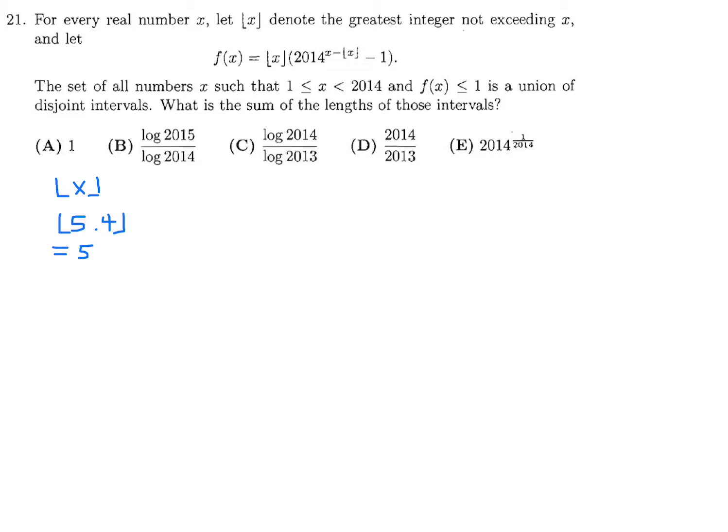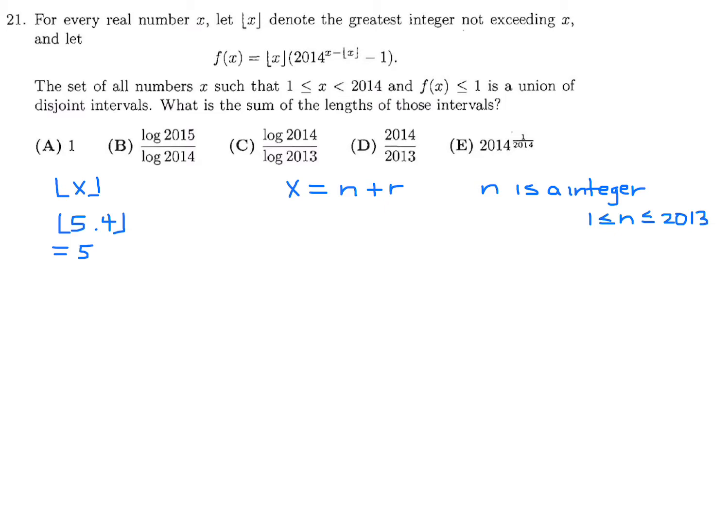So what we are going to do is let x equal some integer with some decimal part. For example, n is an integer, and n is going to be between 1 and 2013, right? Because x is between 1 and 2014.